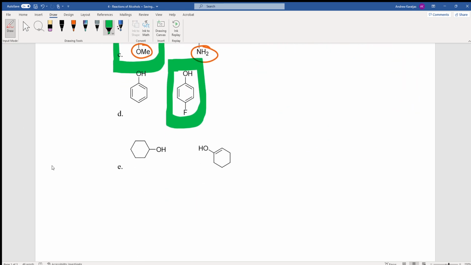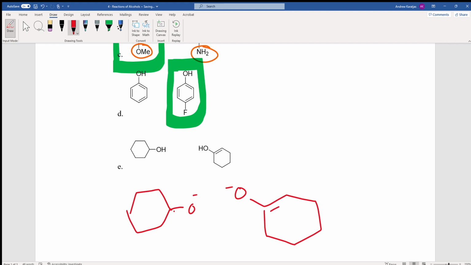In part E, we have an example that can benefit from drawing our resonance structure, or our conjugate bases. When we do that, we can see that the compound on the right has an anion that is stabilized by resonance. The compound on the left does not.